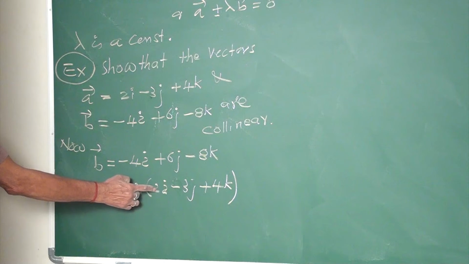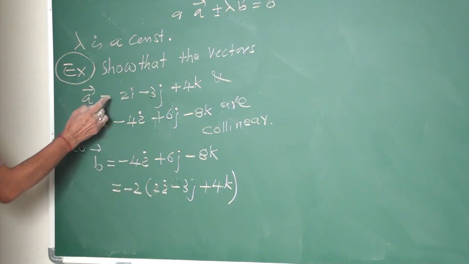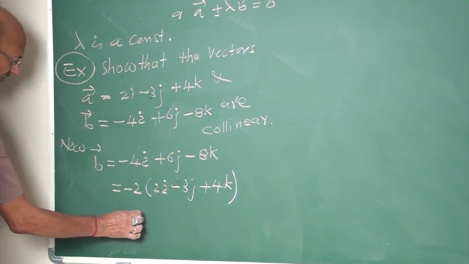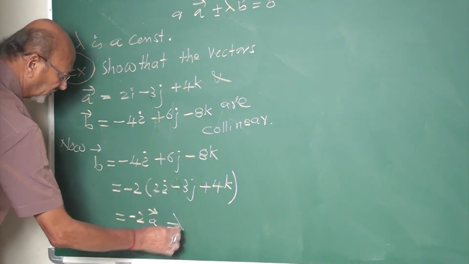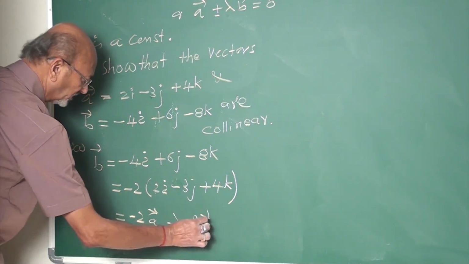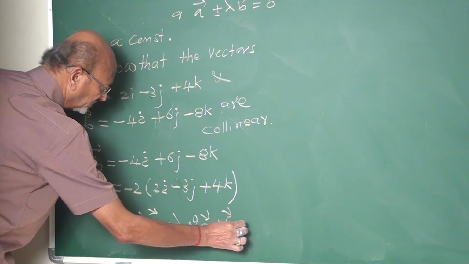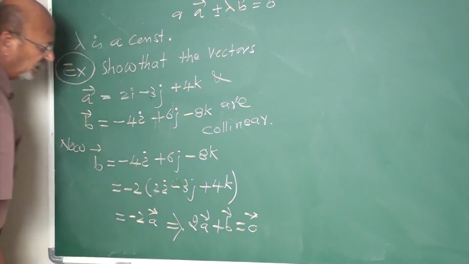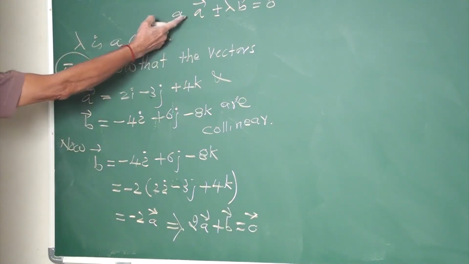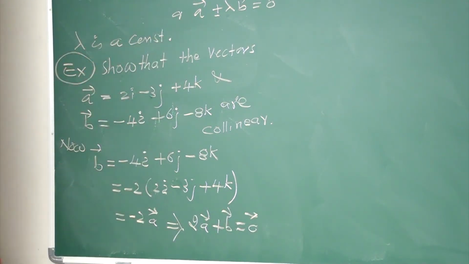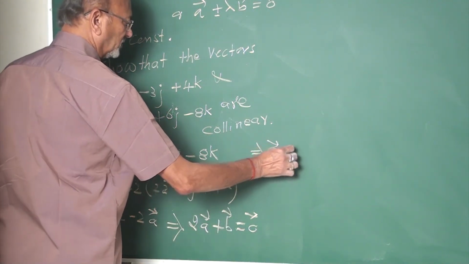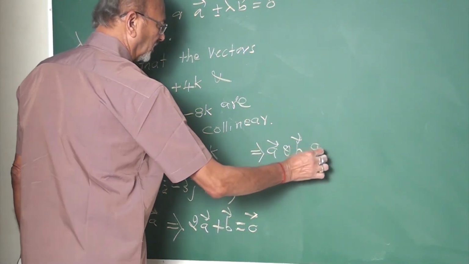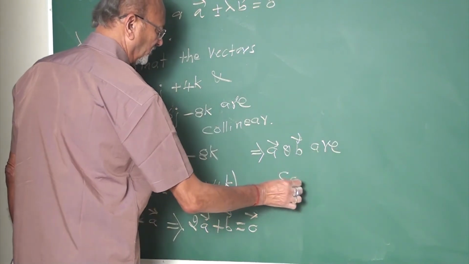But what is this? This is nothing but vector A. So it is minus 2 times vector A. This gives 2 times A plus vector B is a zero vector. By this result, what do you say? It implies A and B are collinear vectors. Collinear.